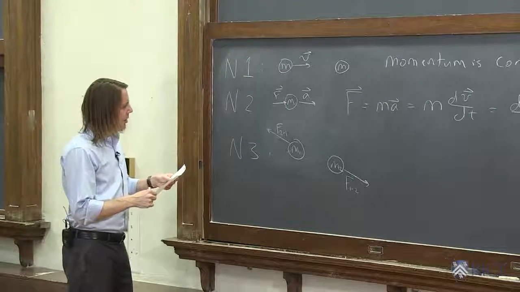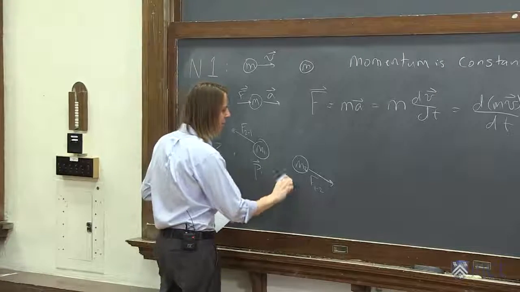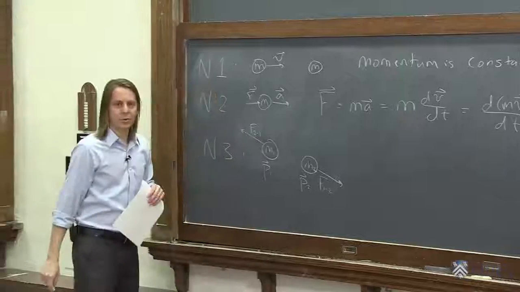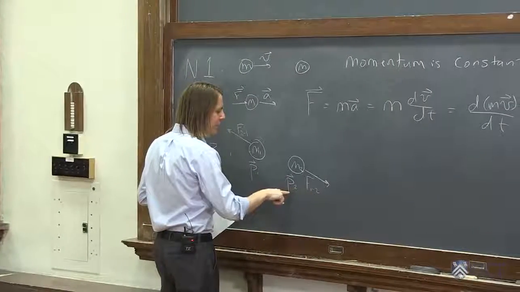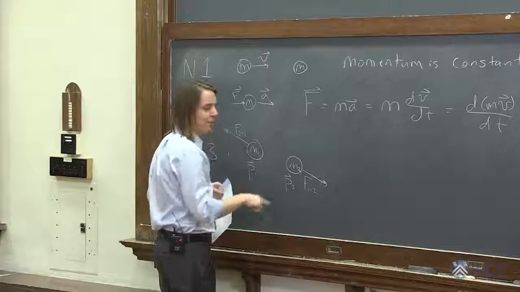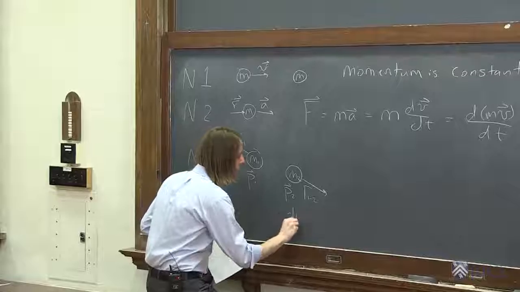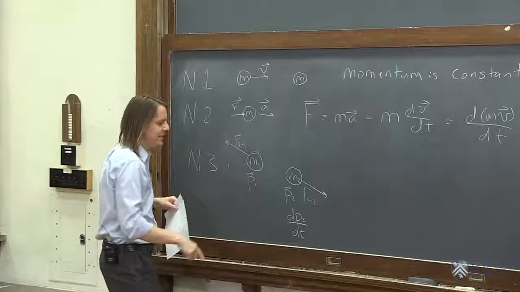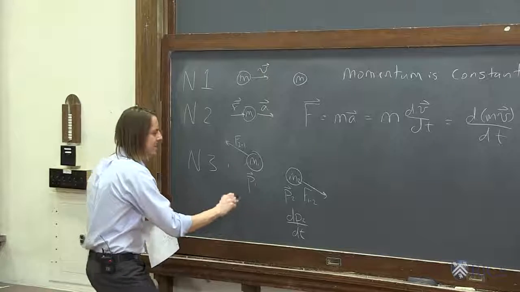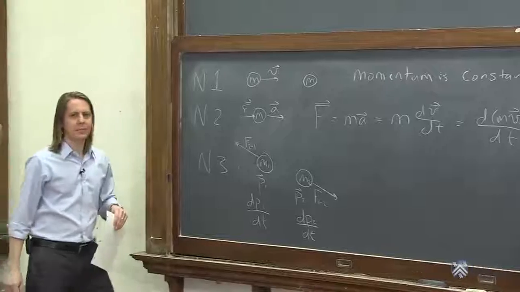Well, we could also say this one has momentum p1, and this one has momentum p2. If they're going to feel these forces, then this one is going to have a change of momentum, dp2/dt, and this one is going to have a change of momentum, dp1/dt.